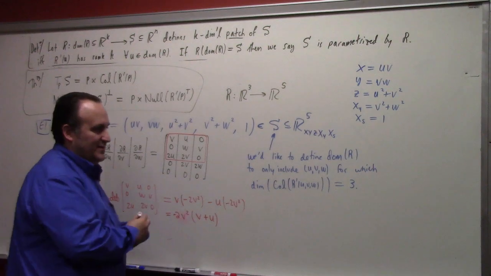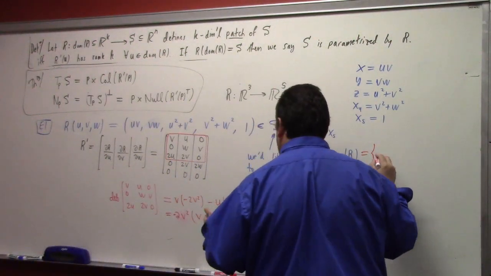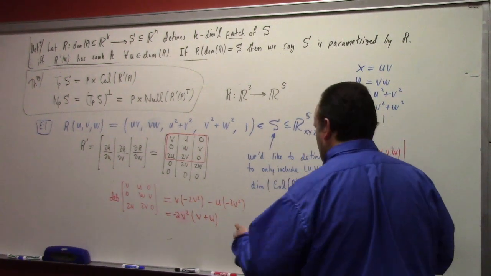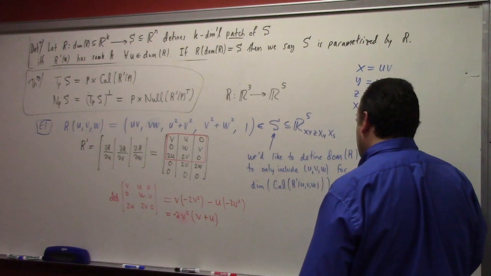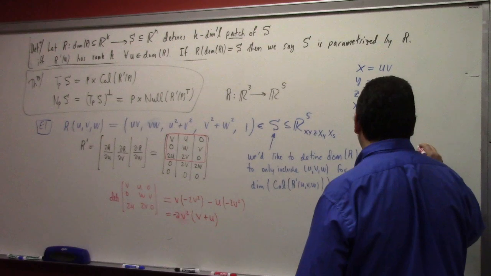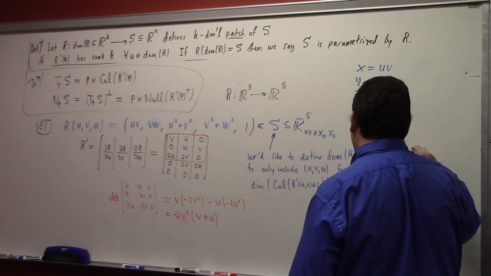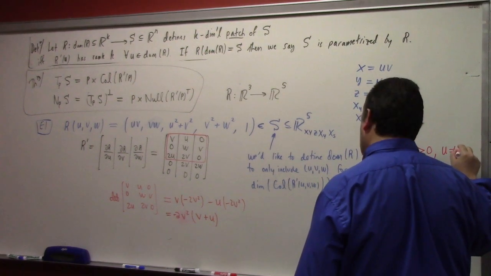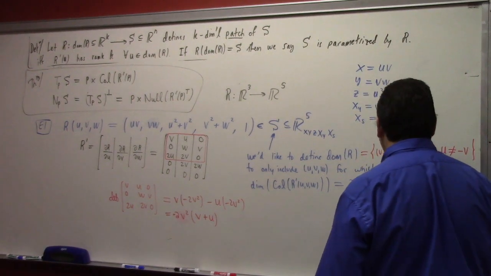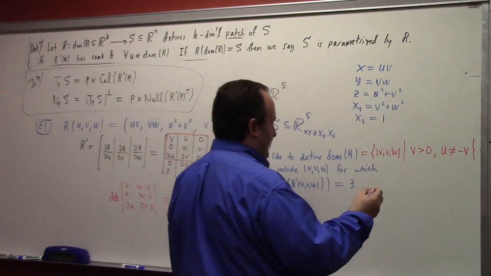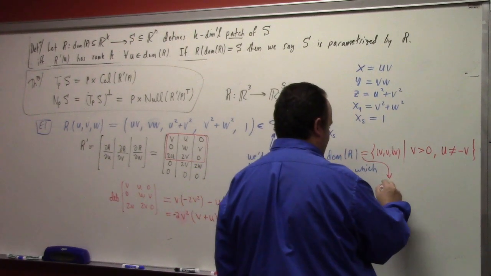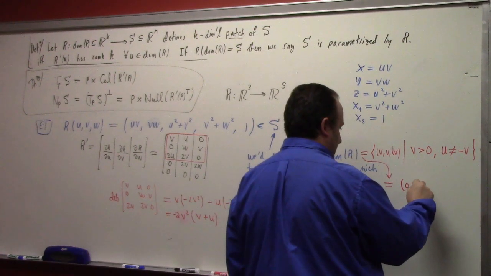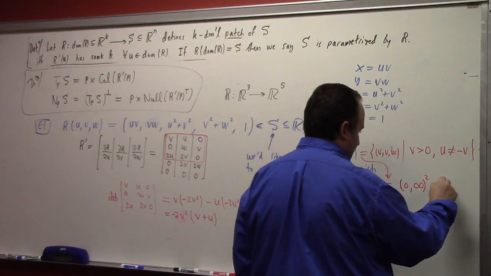So hey, this is enough. We can just let the domain of R be UVW such that V is greater than 0 and U is not equal to minus V. To be more specific, we could make our life easier and just use 0 to infinity squared, Cartesian product with the reals.